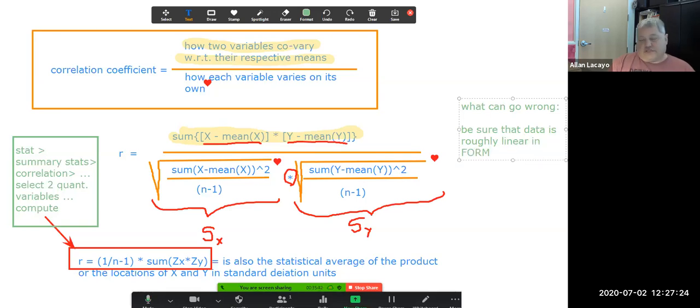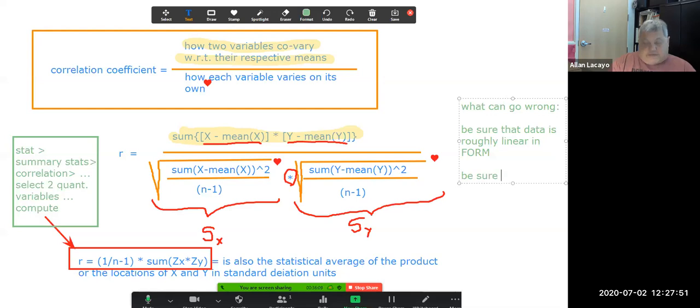Whether its direction is positive or negative only impacts whether the correlation coefficient sign will be positive or negative. That's not an issue, but the form of the data should be linear. If the form of the data is not linear, your correlation will have a tendency to be closer to 0 in value rather than a meaningful correlation factor. So be sure that the data is roughly linear in form.